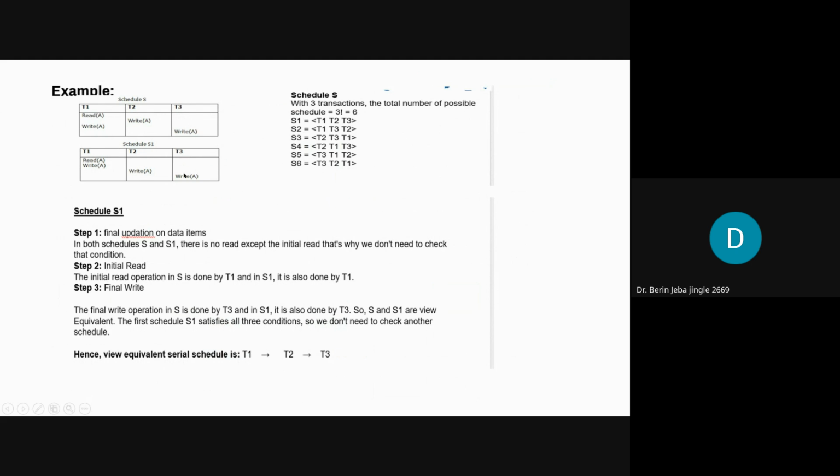In both schedules, the last operation is write A. So here also it satisfies view equivalence. So the view equivalent serial schedule is T1, then T2, then T3: T3 depends on T2, and T2 depends on T1. Thank you.